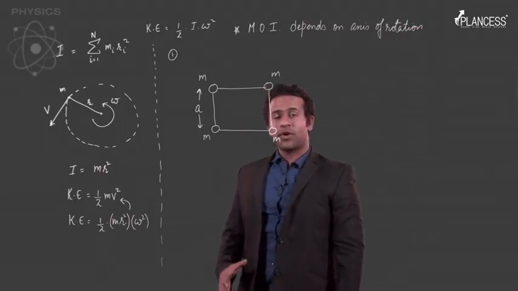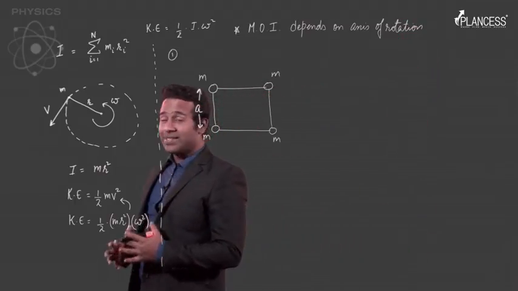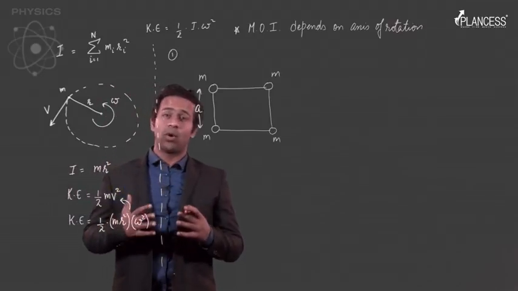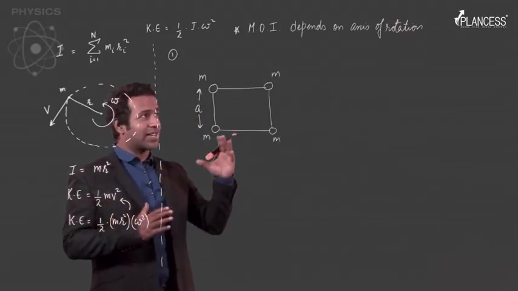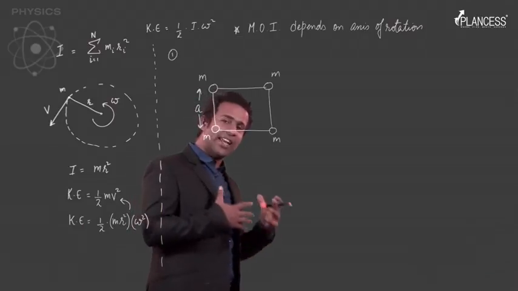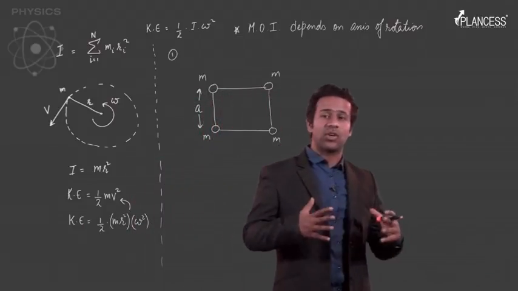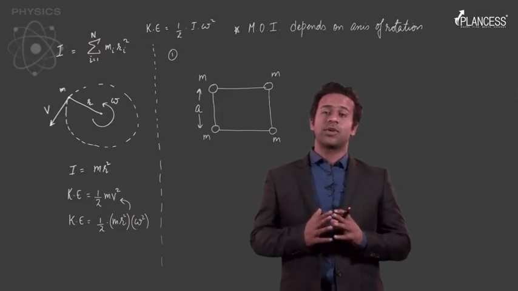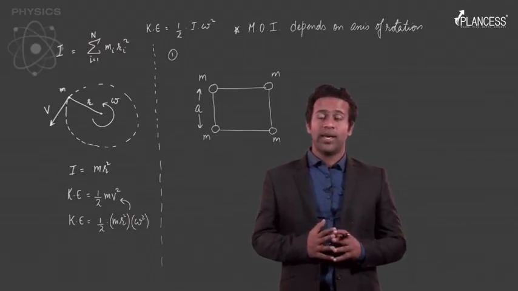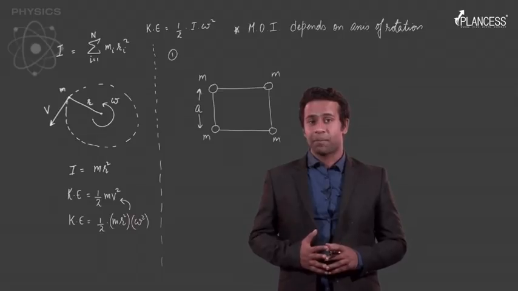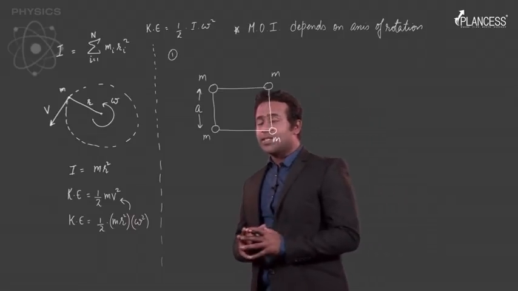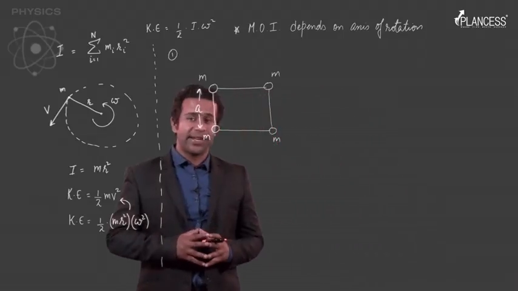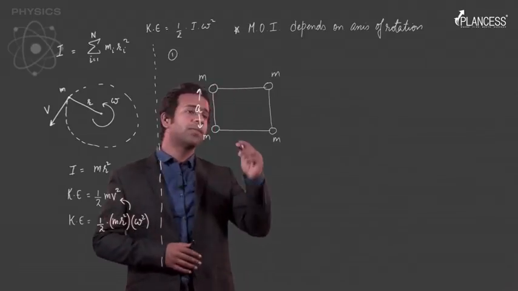Axis of rotation, simply put, is the axis about which the body rotates. Now, this is again something the details of which we'll look at as we go along. Right now, let's simply understand axis of rotation as a line about which everything is rotating. Right. So in this case, there are three such possible orientations. Let me show them to you.